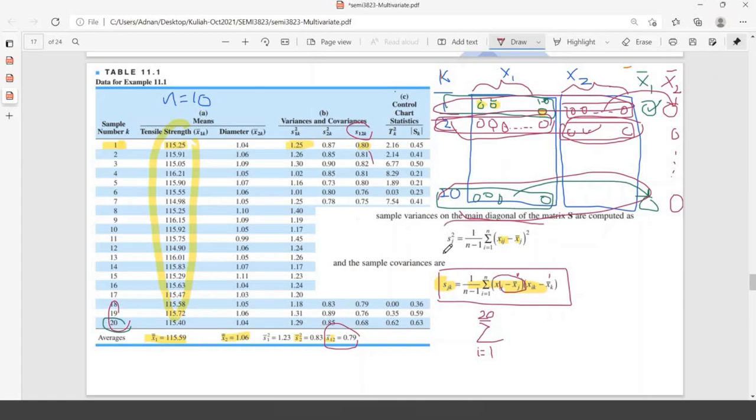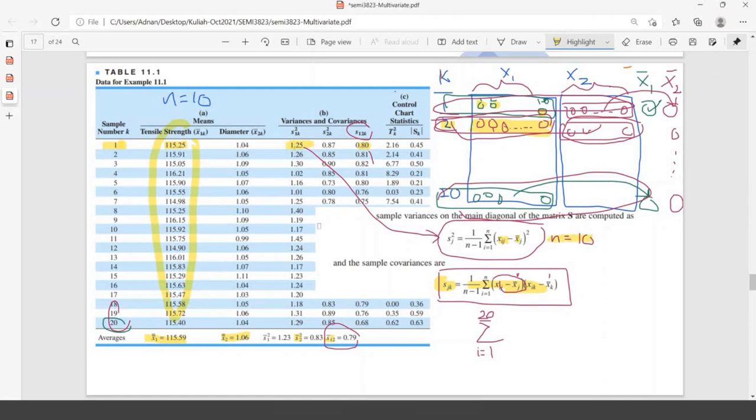This is where you get this value. So the variance here is actually n was 10, because we have this 10 unit. Every time we have 10 units for each subgroup in order to get this value.